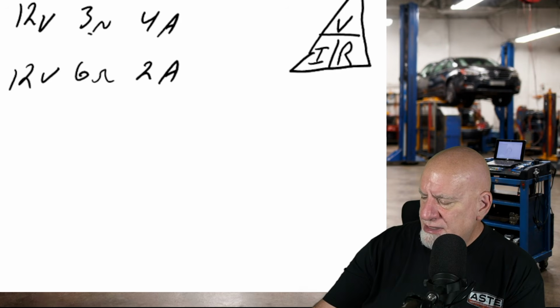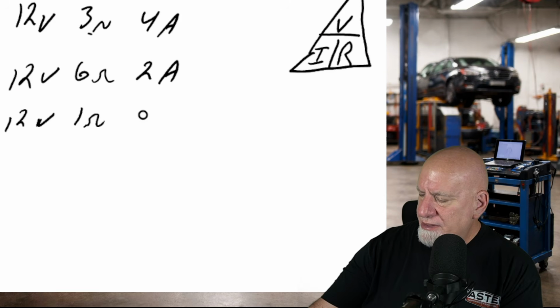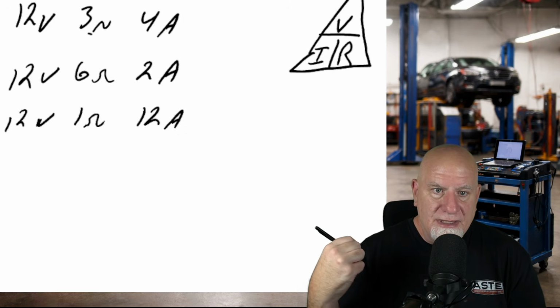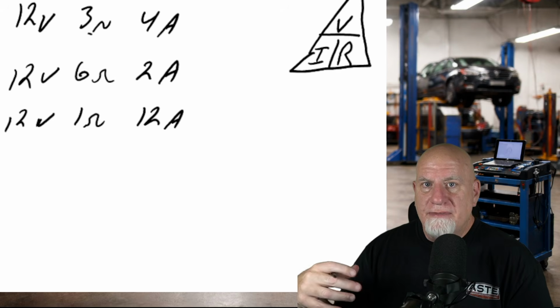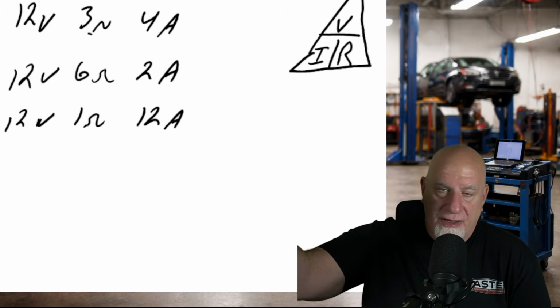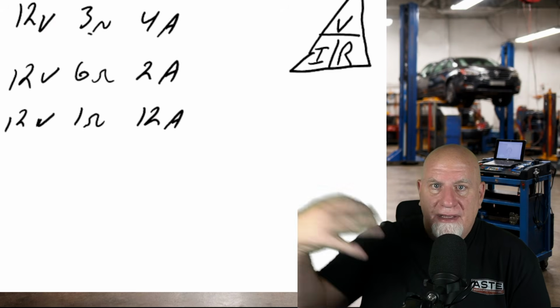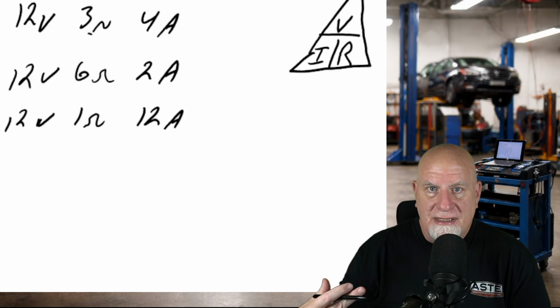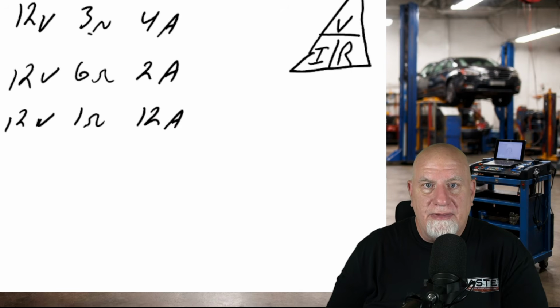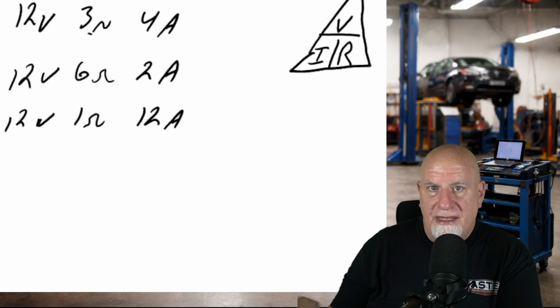Let's drop the resistance way back and go 12 volts with 1 ohm of resistance. And what would we have for the amperage here? We're going to have 12 amps. So you can see as the resistance goes lower, the amperage or the current goes higher. If we have higher resistance, the current goes lower. So now you can kind of see the relationship between resistance and current.